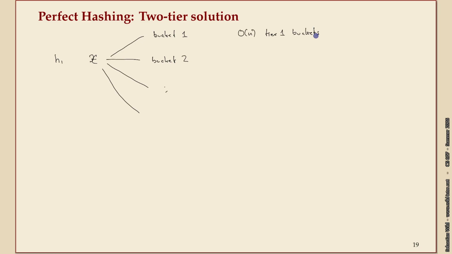But then for each of the tier 1 buckets, we're going to find a secondary hash function using exactly the construction we've just done, where we allow the quadratic blowup to be sure that it's with good probability perfect, but we'll show that that's good enough, because intuitively there's no bucket bigger than square root n, so even quadratically blowing up these things is not going to get more than linear.